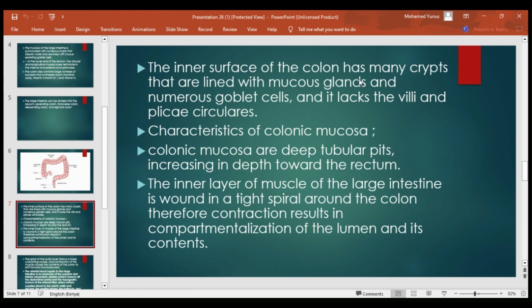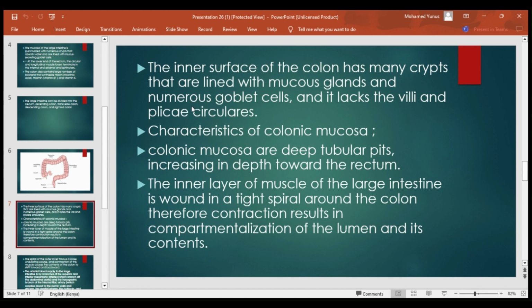So we find that the inner surface of the colon has many crypts that are lined with mucus glands and numerous goblet cells. Within the mucosal lining of the large intestine, we have no villi compared to the small intestine. In the small intestine we have the villi, but in the large intestine we have no villi, and there is also an absence of plicae circularis.